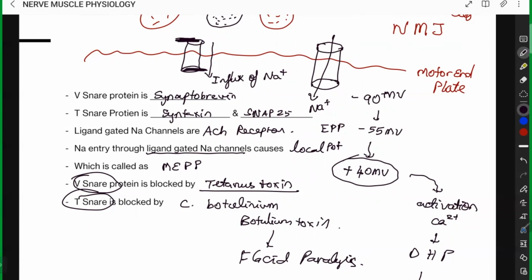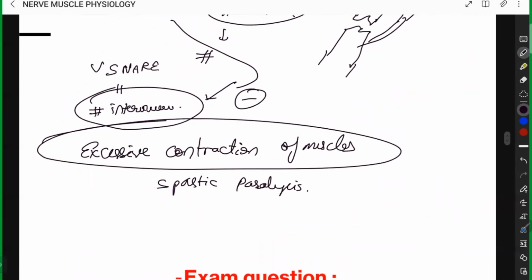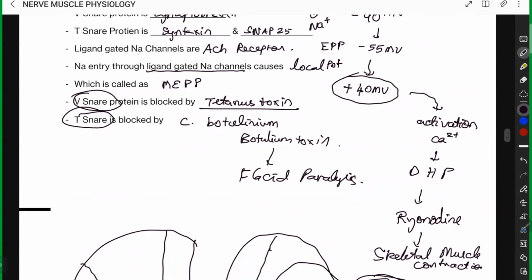Therefore, the acetylcholine vesicles which are present near your synaptic terminal are going to undergo exocytosis, so there will be initial muscle contraction. That is why you call it an excessive contraction of muscle, that is spastic paralysis. Whereas in botulinum toxin, there won't be release of acetylcholine. Therefore, you call it a flaccid paralysis. Hope you're clear about this concept.